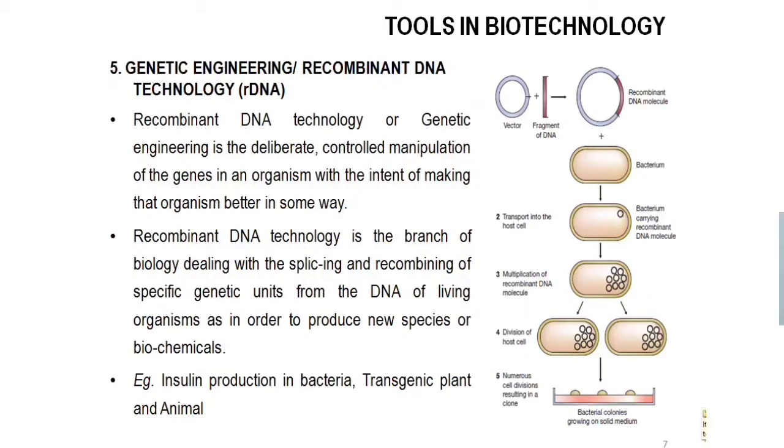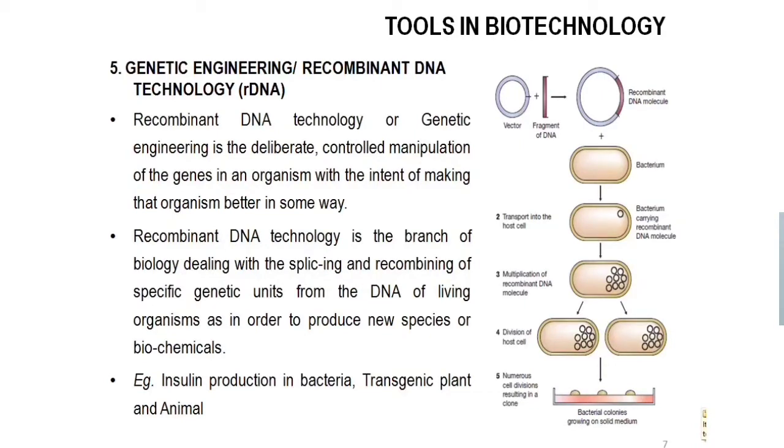First, we take a vector and cut it using a restriction enzyme, which is known as molecular scissors, and we insert the foreign desired DNA fragment into the vector, which forms a recombinant DNA molecule. After inserting the DNA into the vector, we have to ligate it with an enzyme called ligase.